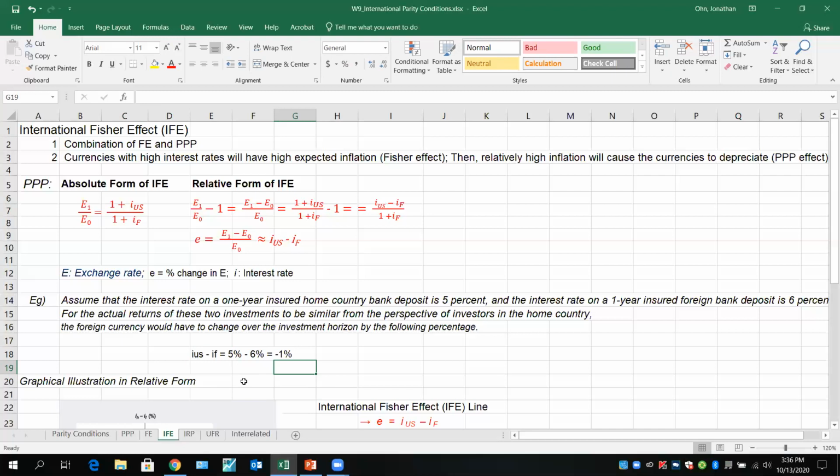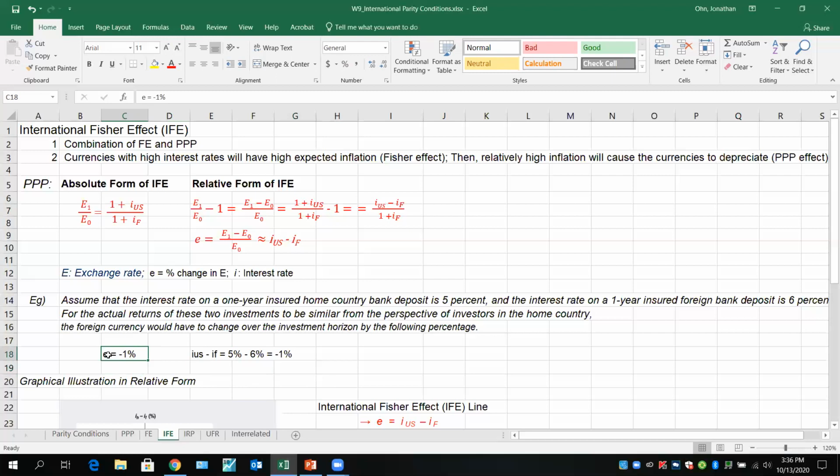Then E should be, based on this international Fisher effect, minus 1% too. What does that mean? E means percentage change in the exchange rate.